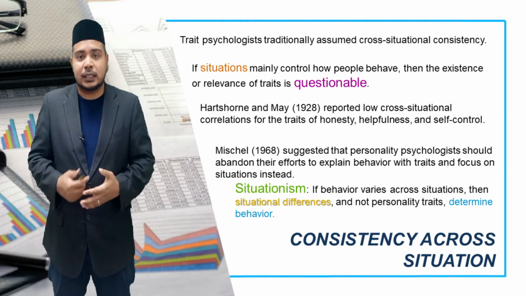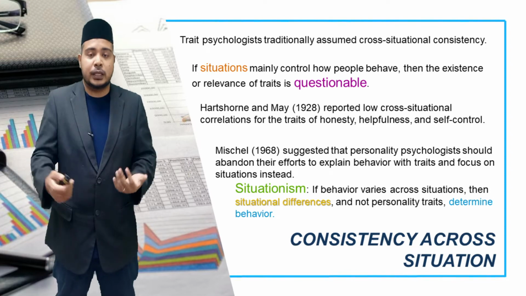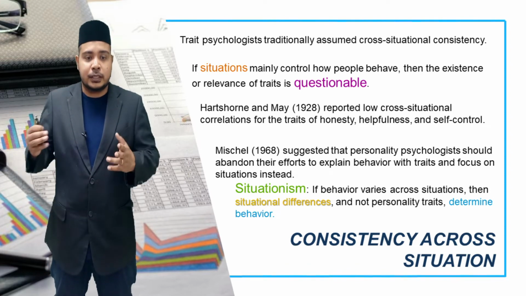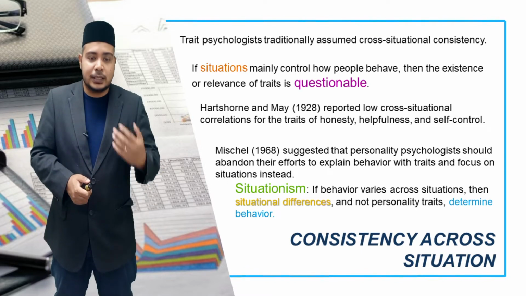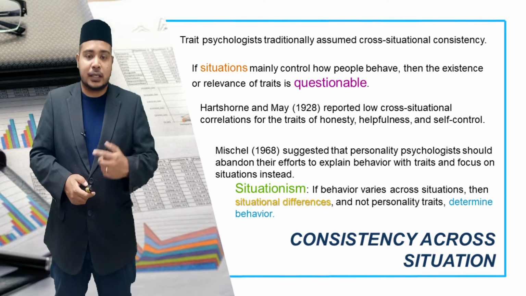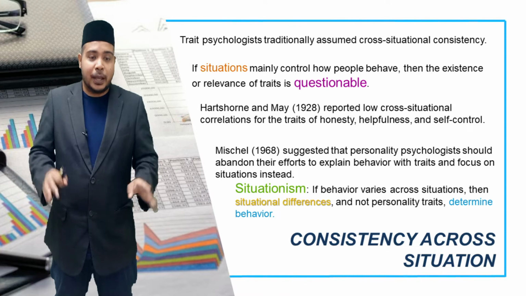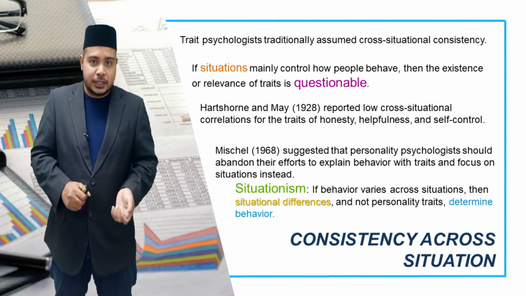Our tendency to talk a lot, to laugh a lot, to be aggressive depends on the situation. This was further supported by Mischel in 1968, who suggested that personality psychologists should abandon their efforts to explain behavior with traits.